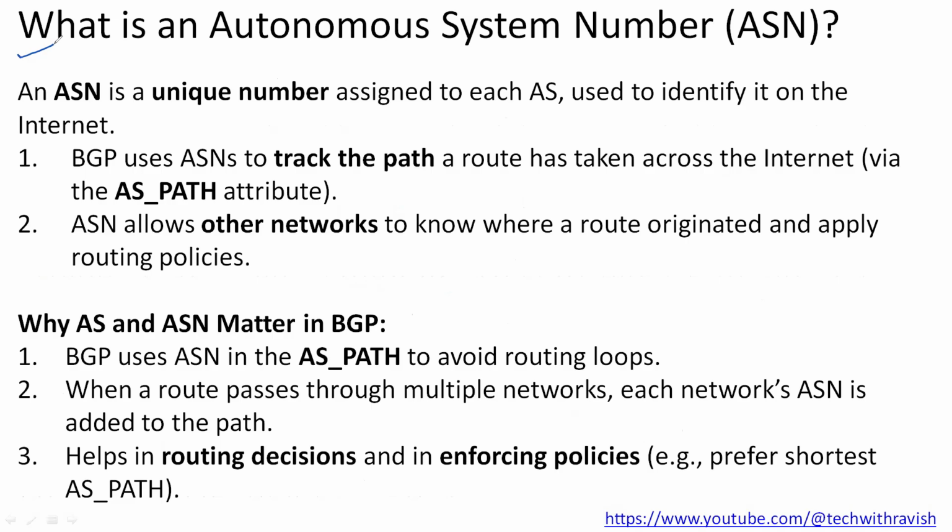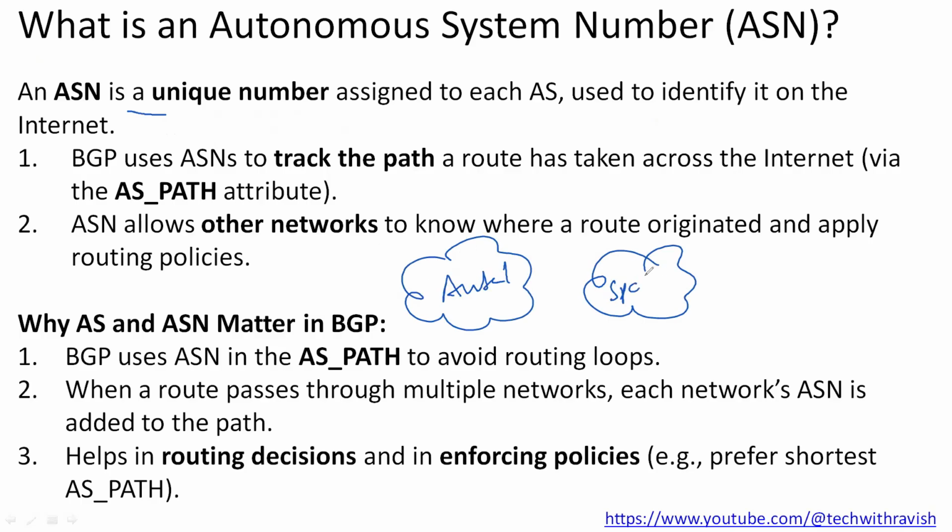What is the autonomous system number? It is a unique number assigned to each autonomous system, used to identify it over the internet. That means every single organization is provided a specific AS number that becomes its identity over the internet. Let us assume Airtel, this is Spectra or any organization, this is Exitel, this is JioFiber.